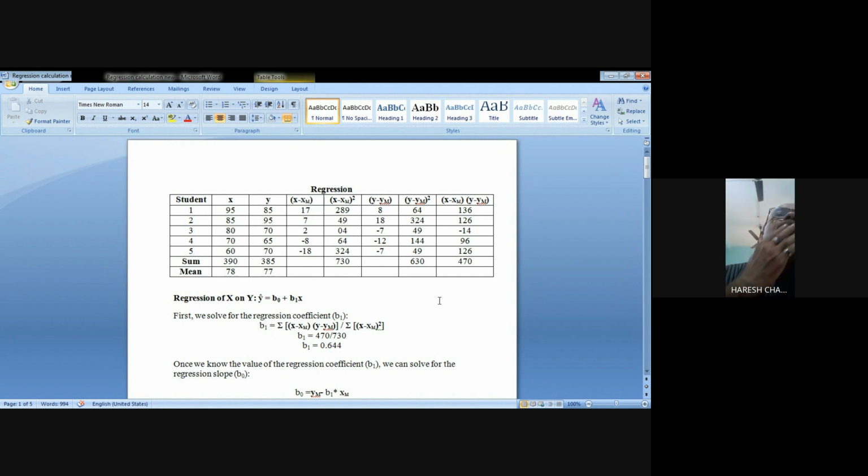Now, what you have to do? As I have already told you, it has its base. Regression is an extension of a correlation.